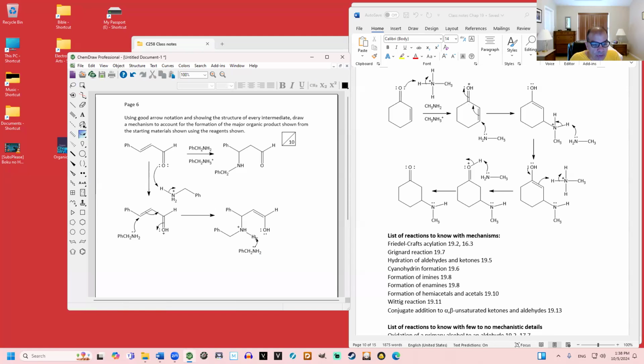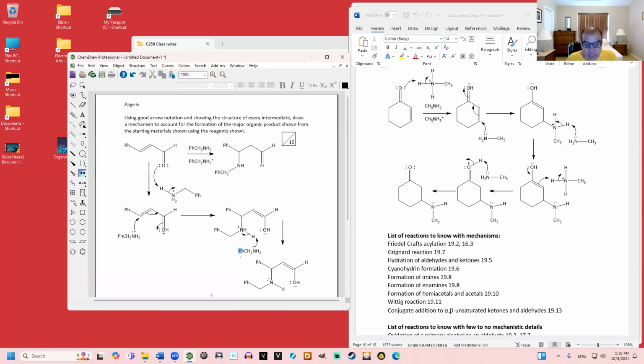That will pull the proton off the nitrogen. Then we break the nitrogen-hydrogen bond, push the electrons back on the nitrogen, and get rid of the plus charge on nitrogen.